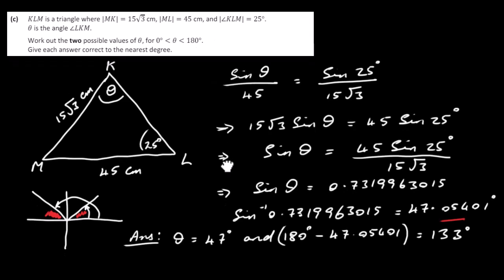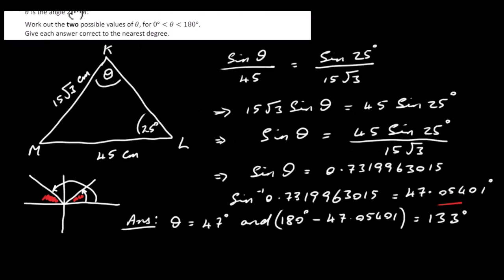What you would usually do as well is just check to make sure that the second angle will actually work. So I'm just going to do a quick check here. We know that one of the angles in our triangle is 25 degrees. So you would take the 133 degrees, which is one of our answers here, and you would add that to 25 degrees.